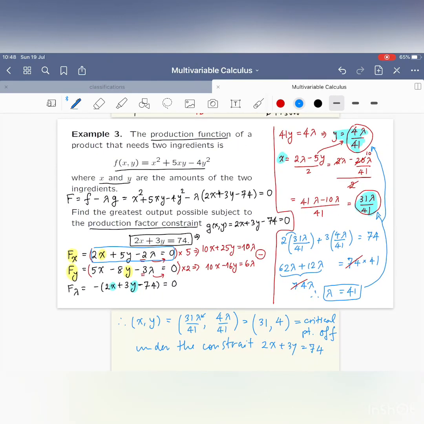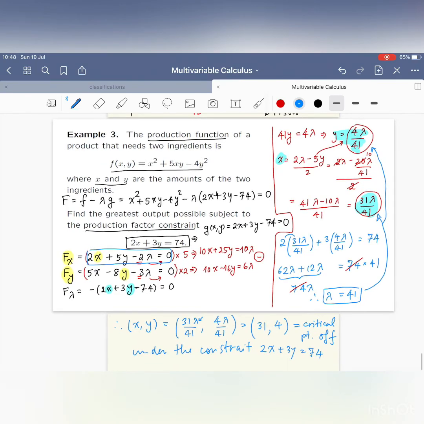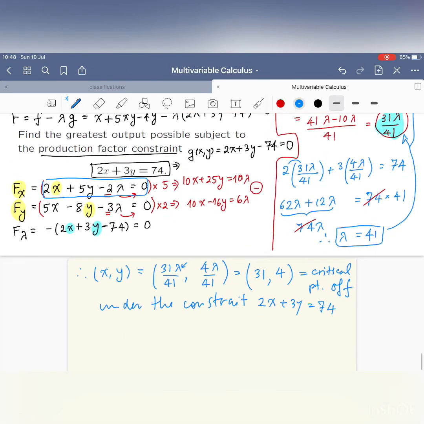Again, you got only one critical value, and you need to find the greatest output possible. So this one will of course give you the greatest output. It will be f at x equals 31, y equals 4.